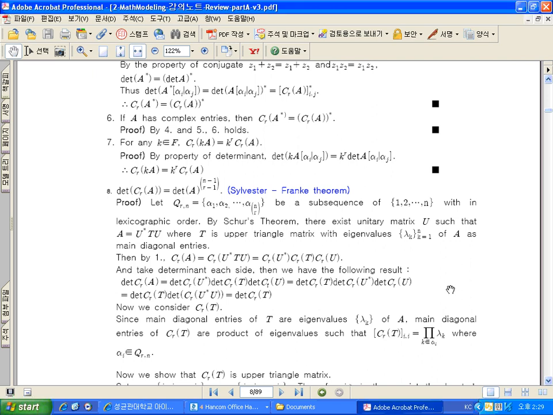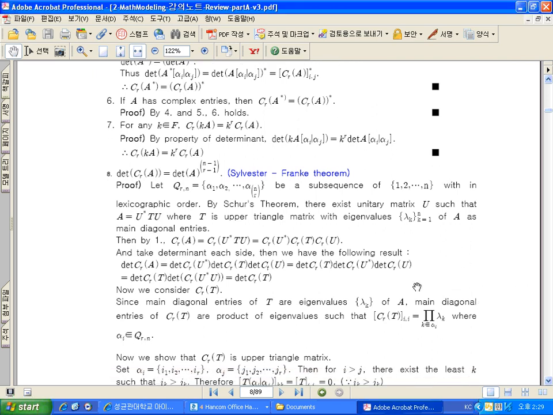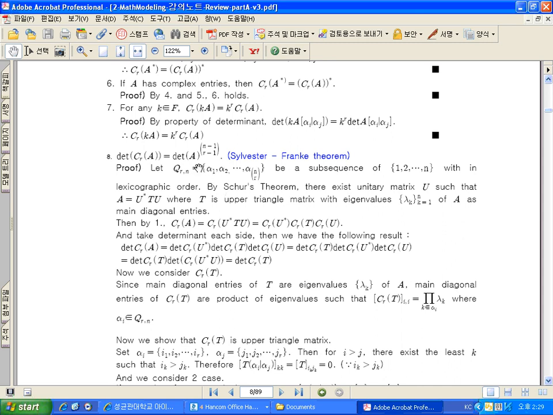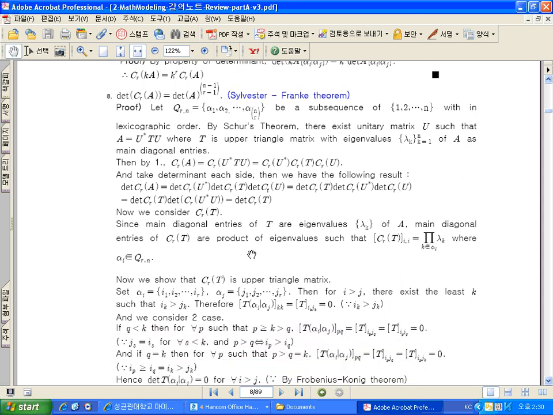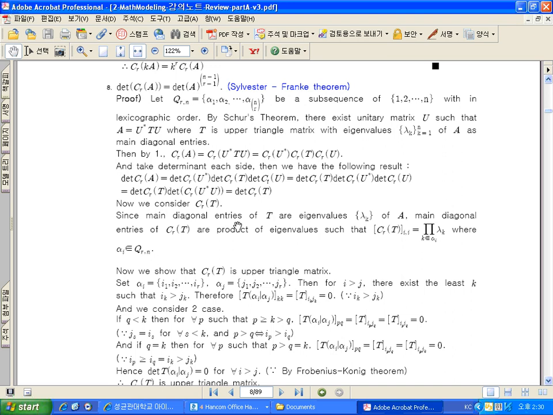The proof of the Sylvester-Franke theorem is very interesting. Here we use Searle's theorem, so we change the proof of this theorem to that of this triangular matrix T. So all we have to do is check the diagonal entries of T. So how many repetitions can be made on the r-th compound matrix of A?